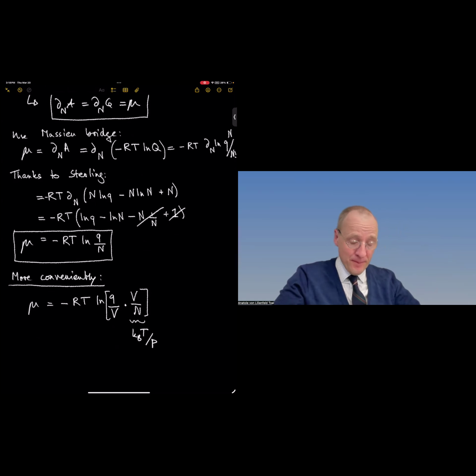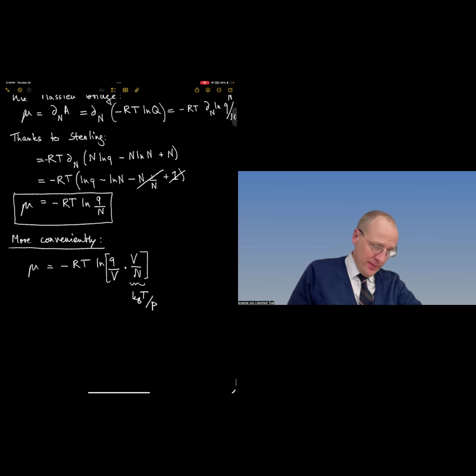Okay. So then I have minus RT logarithm of Q over V times kBT plus RT logarithm of pressure. Okay. Of course, you will wonder now why we do that.